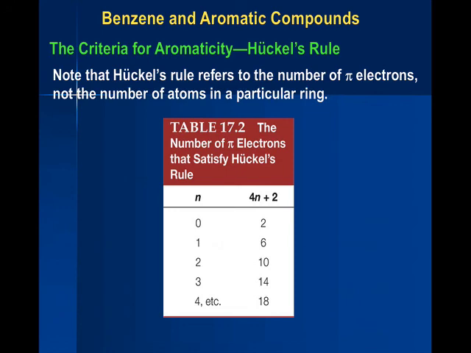Tell you what I'm going to do. I'm going to do another little bonus opportunity for you all over the weekend. You all can figure out how to get an aromatic molecule that only has 2 pi electrons. If you get the answer right, I'll give you 5 bonus points that I'll apply to the exam that's coming up. Okay?